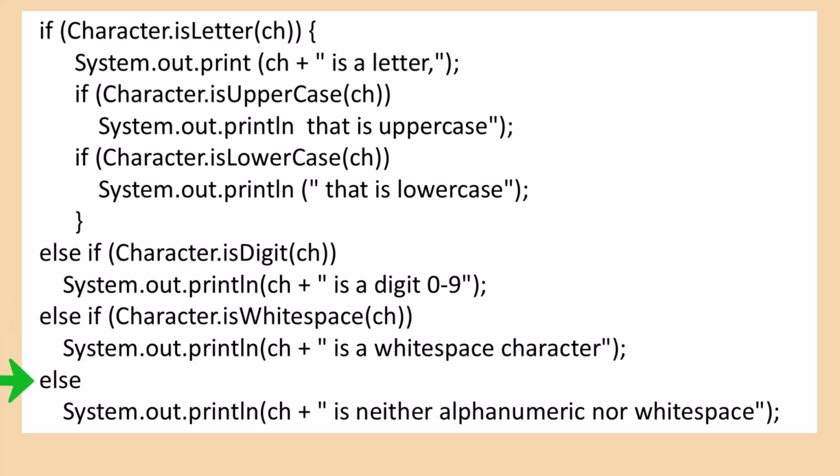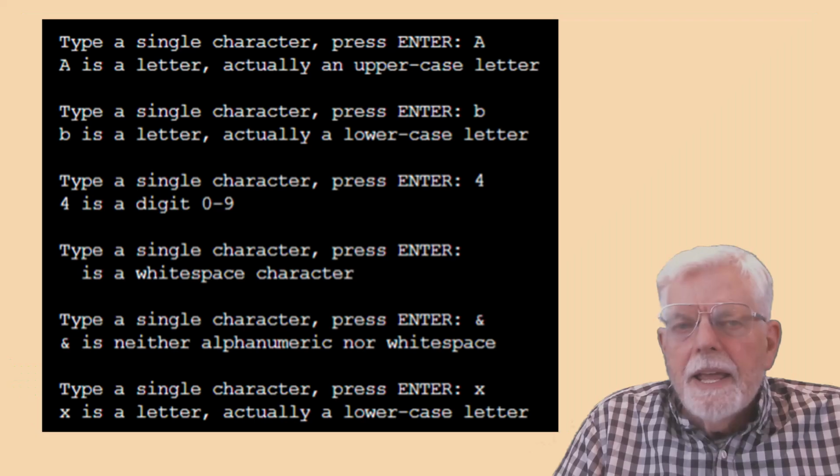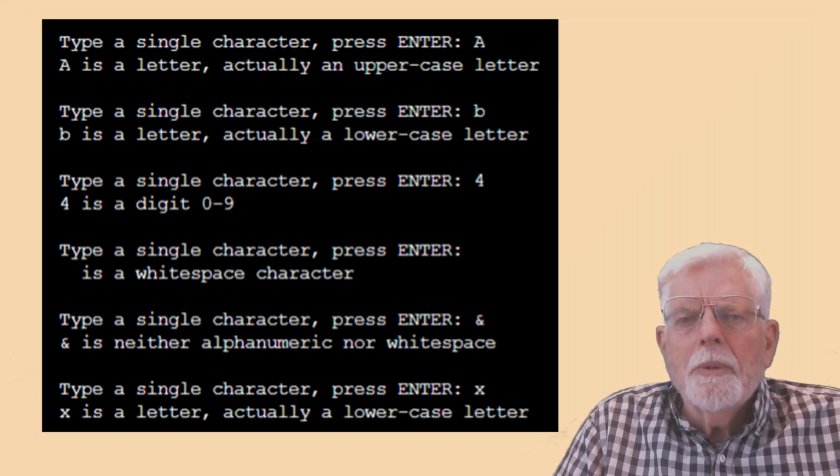The final else gives up and says that ch is neither alphanumeric nor a whitespace character. Here is the output for the program when ch is a capital A, small b, a 4, a space, or an ampersand. The ampersand is neither a letter, digit, or whitespace character.